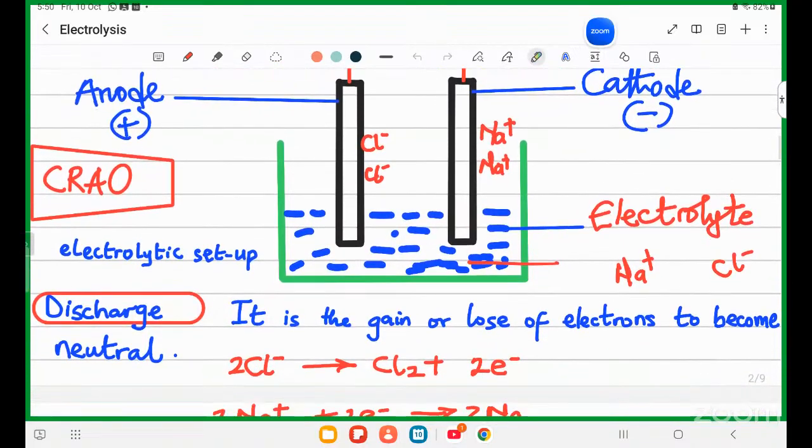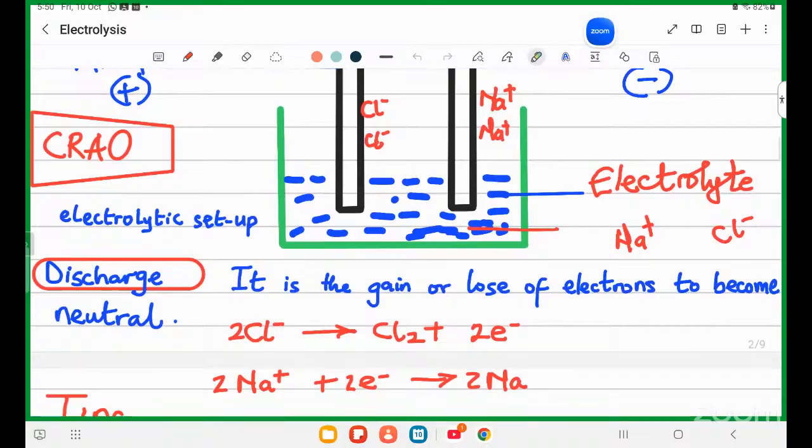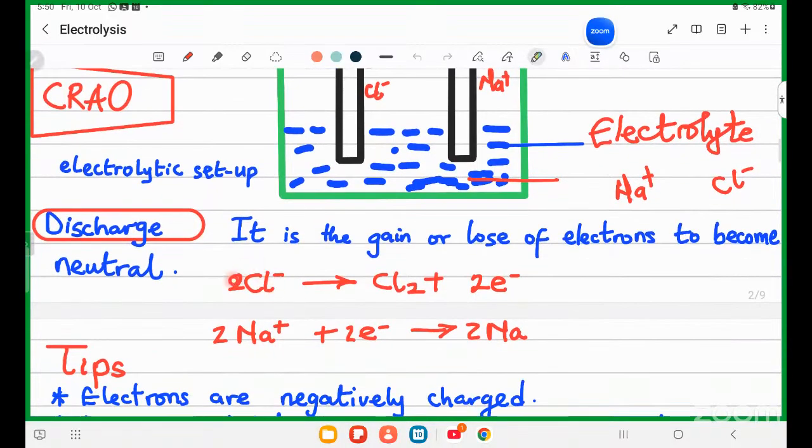So we also explained the meaning of discharge, that it is the gain or loss of electron to become a neutral molecule. Here, the chloride ion is losing 2 electrons. Actually, it should be 1, but because we balanced the equation, you have to let it be 2. So it loses 2 electrons to become chlorine gas, a molecule. And at the same time, the sodium ion gains 2 electrons to become a sodium atom.